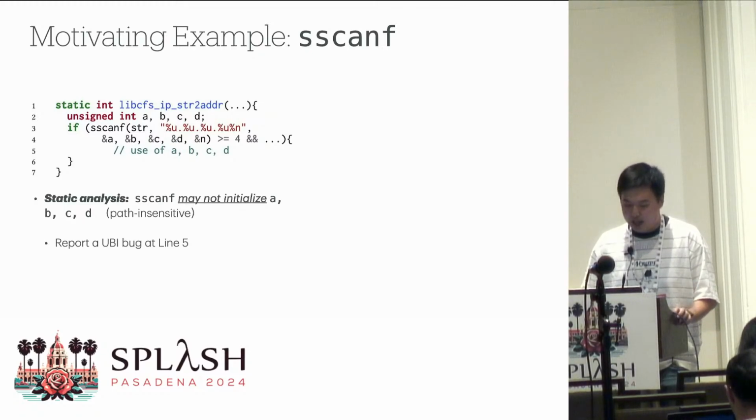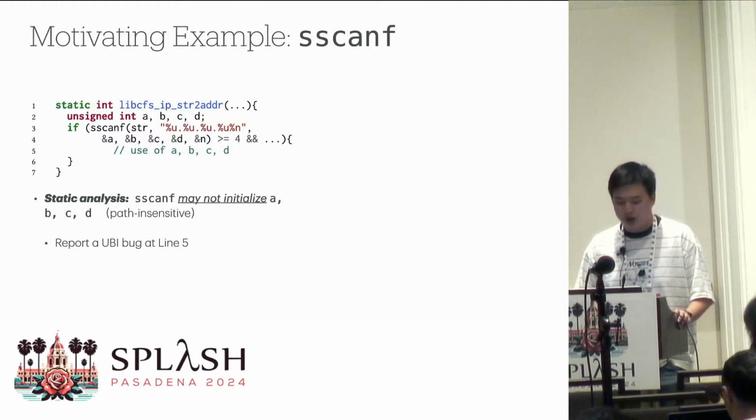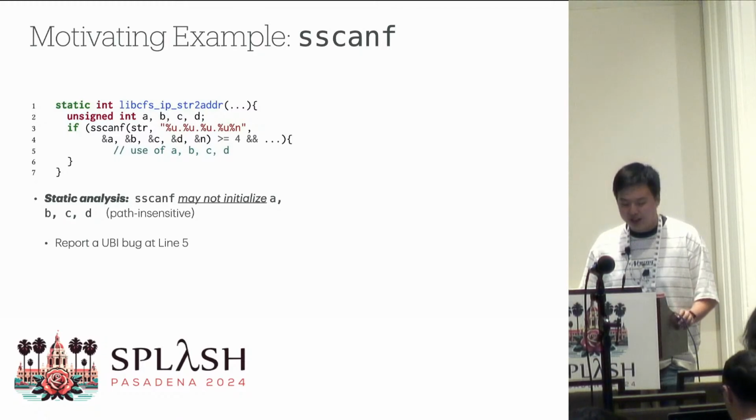There's a scanf that tries to initialize a, b, c, d, and more importantly, at line 4 there's a check on whether the return value is greater than or equal to 4. As we all know, this means that when scanf successfully initializes its first 4 parameters, it will return a value greater than or equal to 4. In that sense, we can say that at line 5, when a, b, c, d are used, it is pretty safe. All the variables are already successfully initialized.